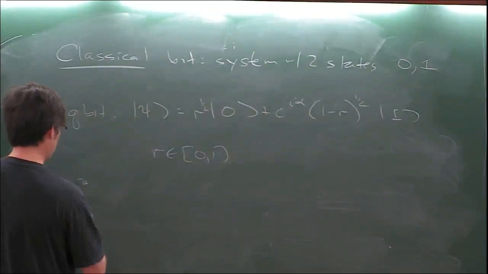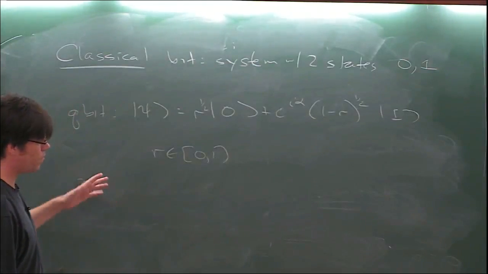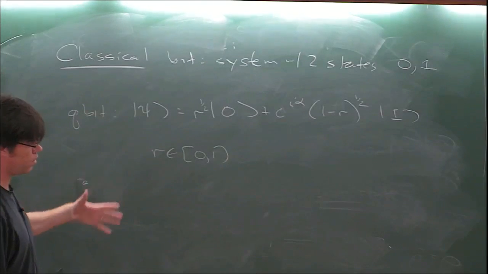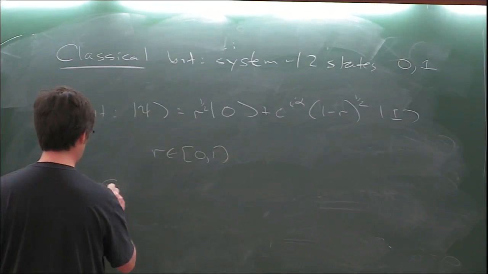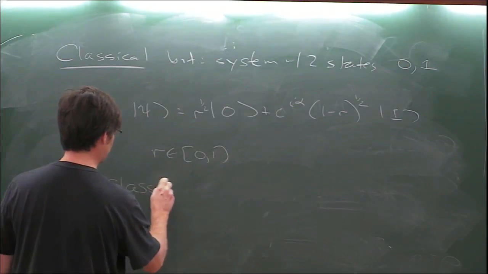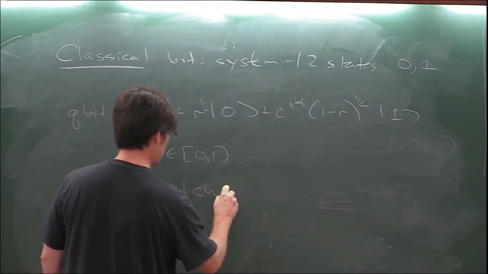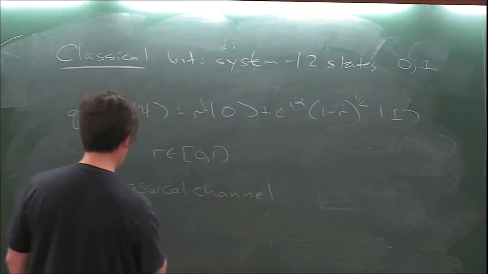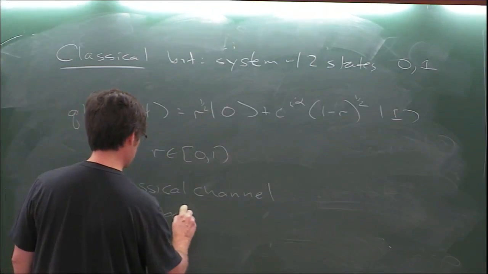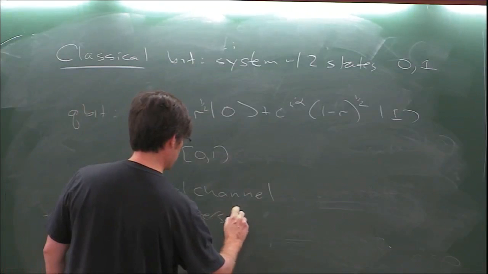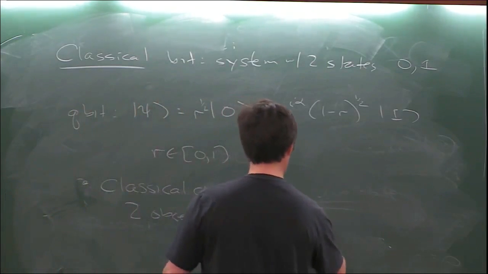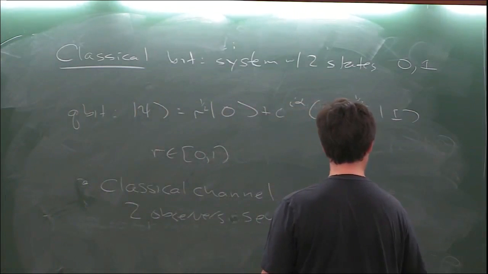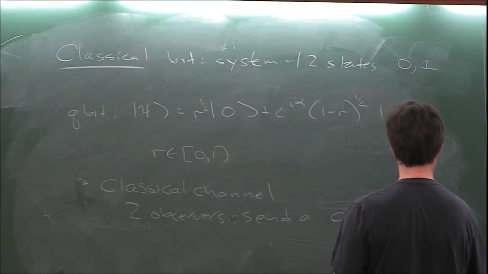So now what I'm going to be telling you is two examples in communication. I'm going to consider two different possible types of communication. I could communicate via a classical channel to observers, send a classical bit, which I'll call a C bit, which is a 0 or 1.